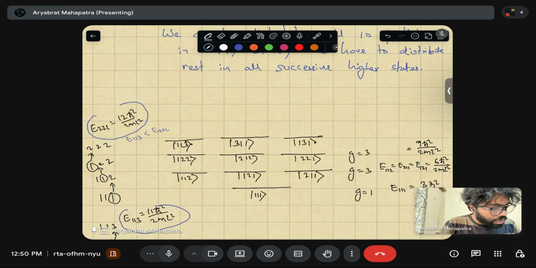So again you have a degeneracy of 3. So this will be 11 h bar square over 2 m l square.